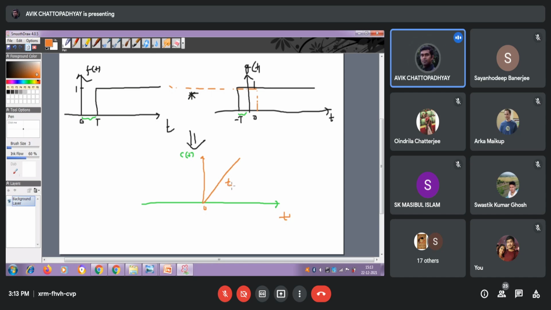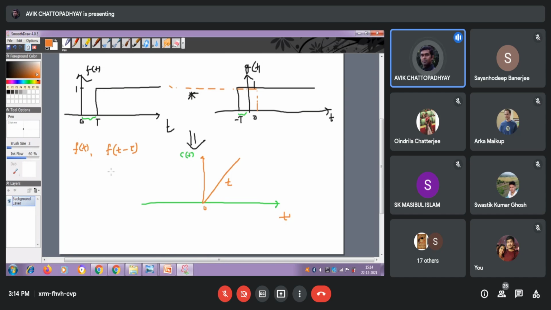So from this example, a very interesting property regarding convolution comes up. The property is something like this. Suppose you have one signal ft, and you have another signal f(t minus tau), which is a shifted version of this signal.